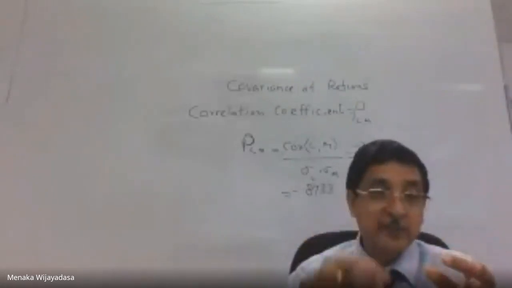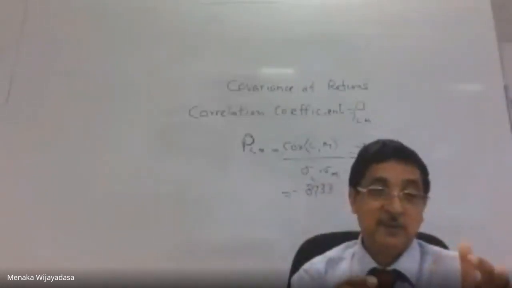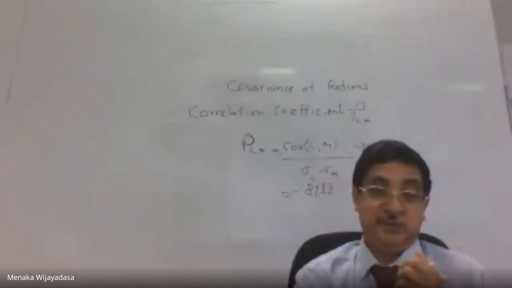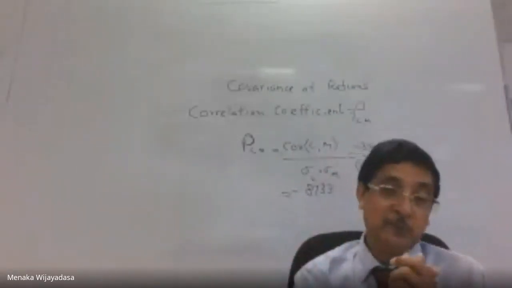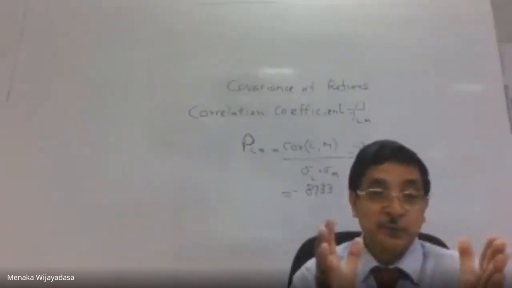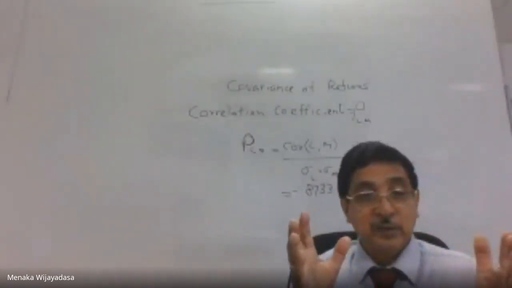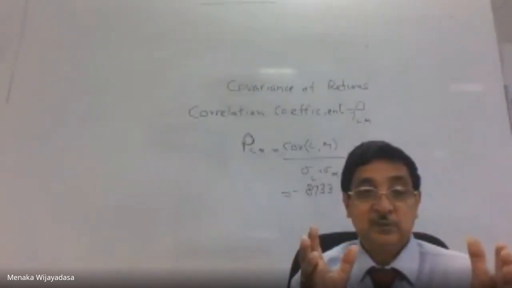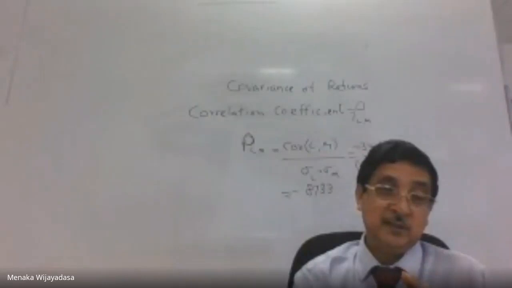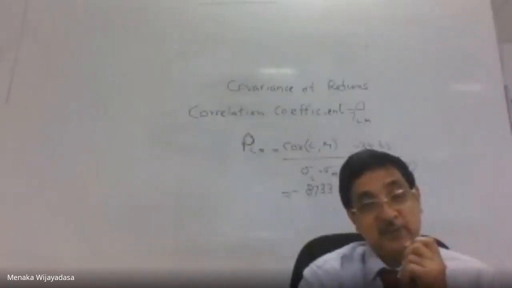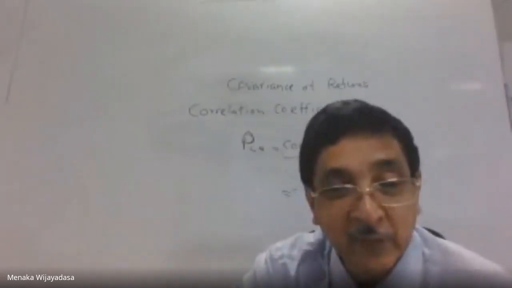When you keep on adding assets, the total risk of that particular portfolio will come down. So, in order to check for a portfolio with a higher return and a lower risk, we do all these calculations. That is the requirement of doing these calculations.